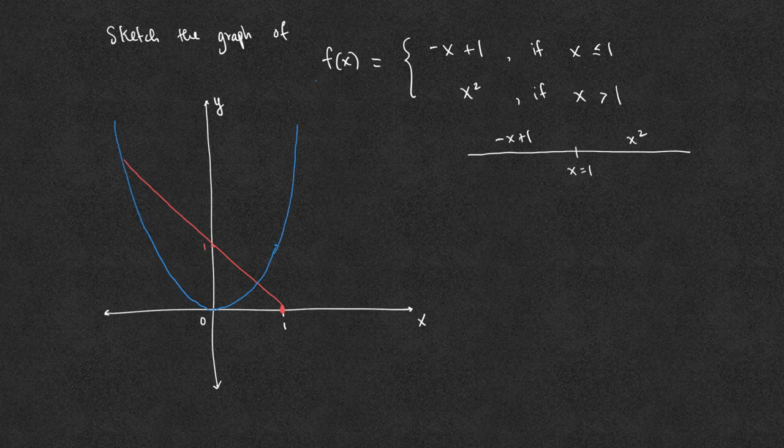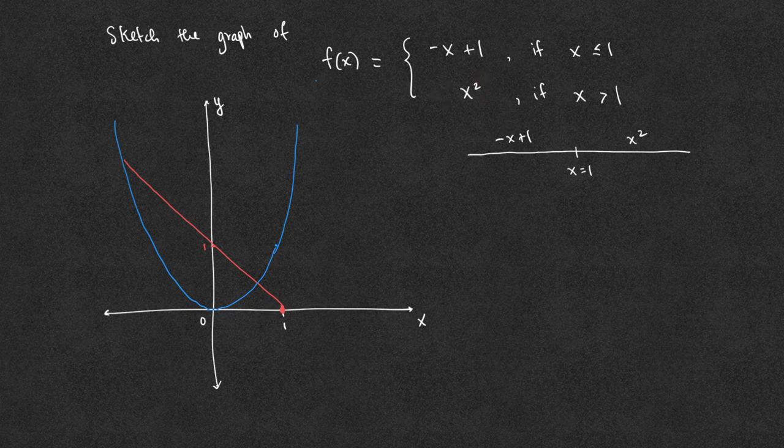Now, this is not good because the graph of x squared should live only on the right-hand side of x equals 1. We're going to take out the part that we do not want to be included in the picture. That is, we're going to take out the part of x squared that is on the left-hand side of 1.